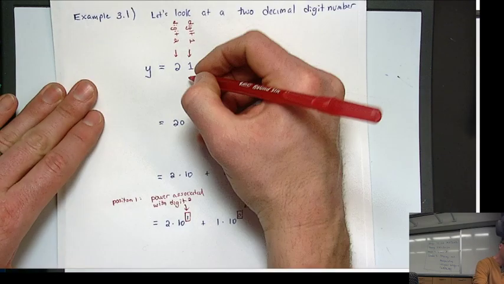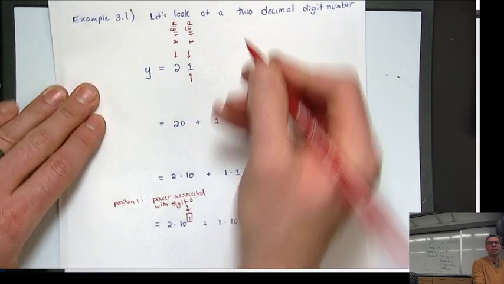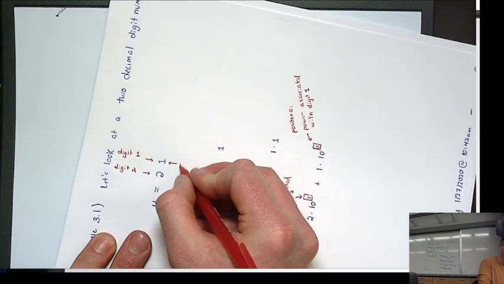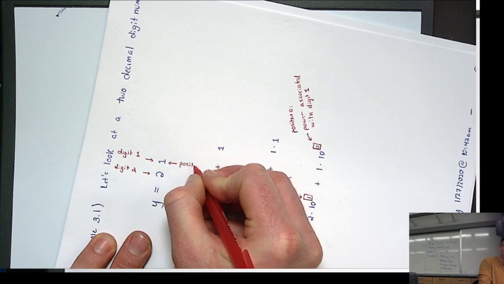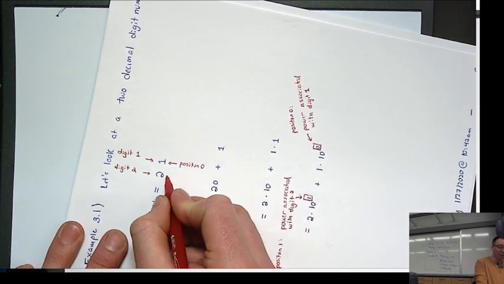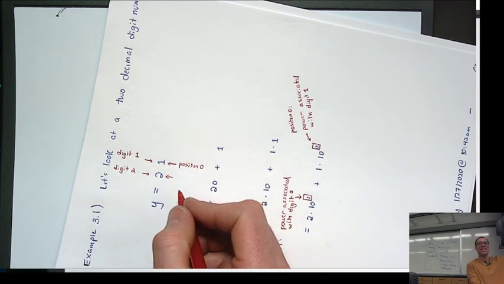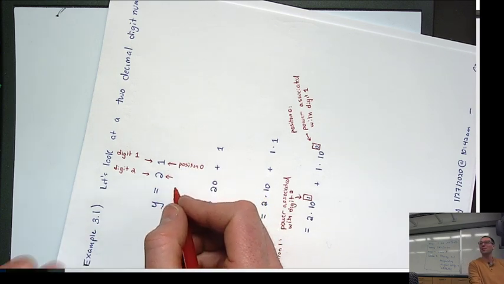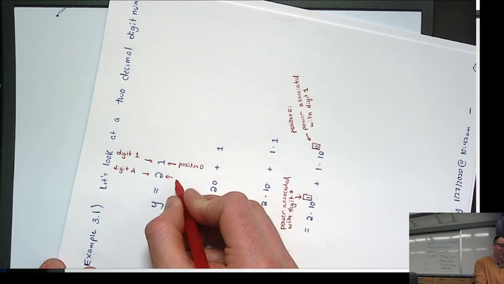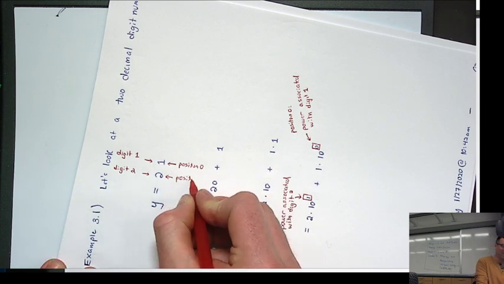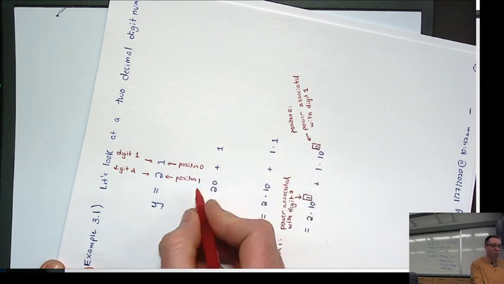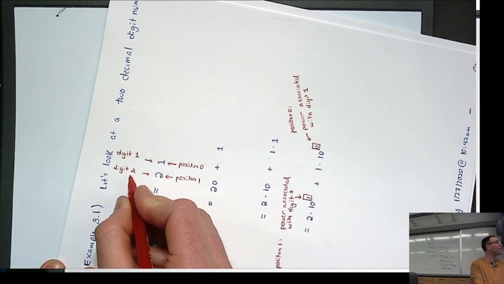Okay, so when we're tracking this, the first digit correlates with what? The 0th position. Finish my sentence for me. The second digit correlates to position 1, correlates with digit 2.